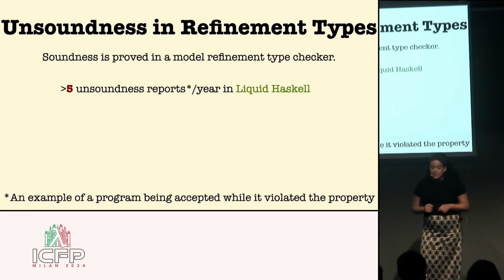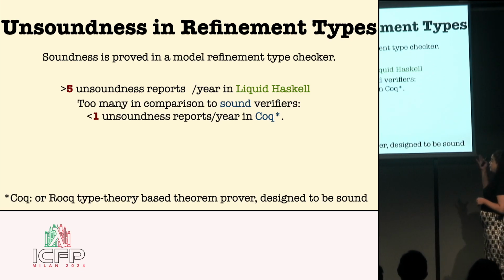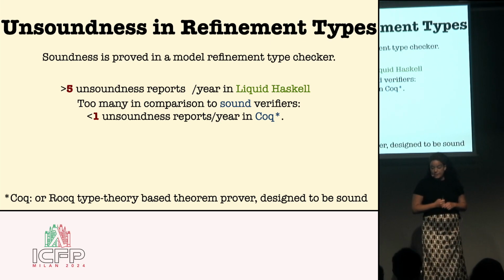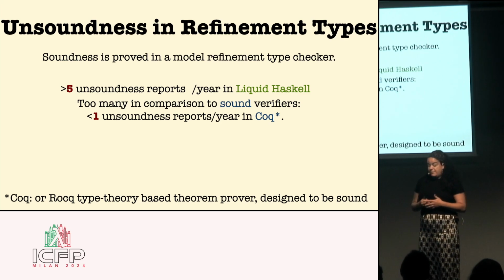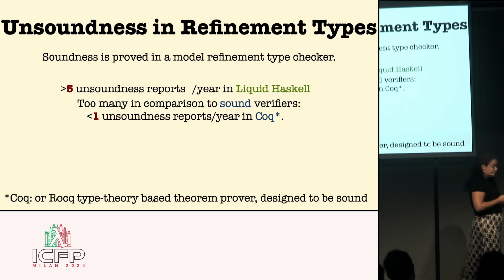And 5 unsoundness bugs, I don't know if it's good or bad, but definitely it's higher than Coq's unsoundness reports, which the Coq developers say that they receive about 1 unsoundness bug per year in the kernel.